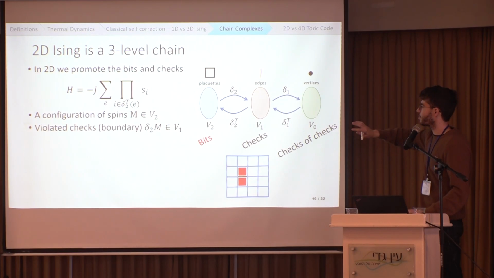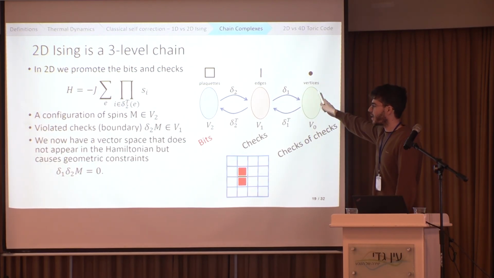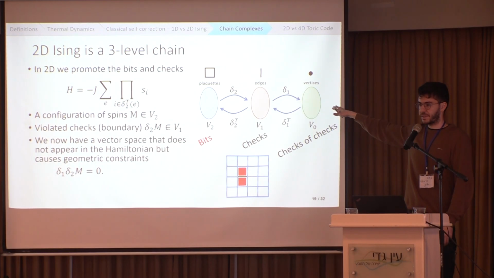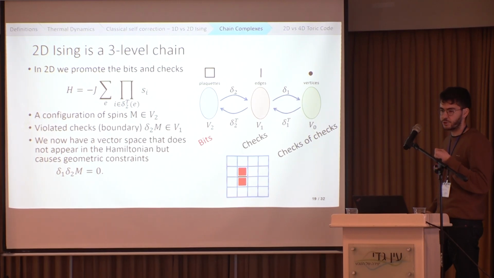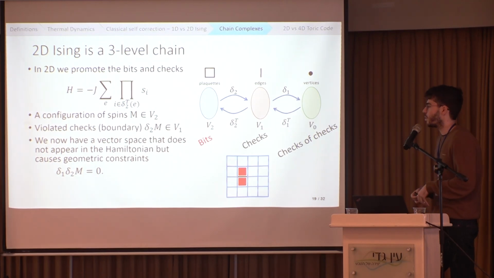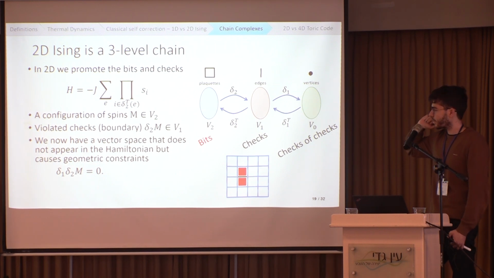But now something interesting happened. We have another vector space of the vertices that does not appear in the Hamiltonian, but it creates an important geometric constraint. We know that delta 1, delta 2 is 0. What is this M there?